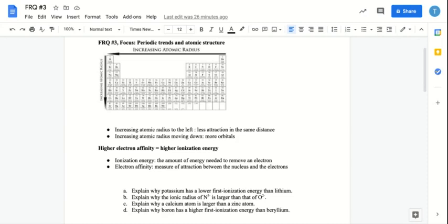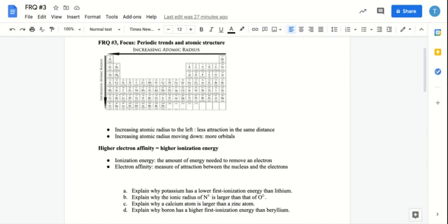The extra proton in the oxygen means more attraction to the electrons than in the nitrogen ion. So the more attraction in the oxygen would make it smaller than the nitrogen, which is why the ionic radius of N3- is going to be larger than that of O2-. Again, apologies for that nitrogen electron mix-up.